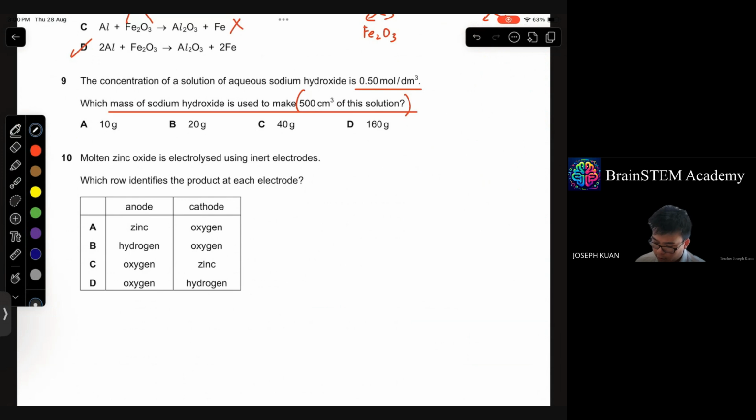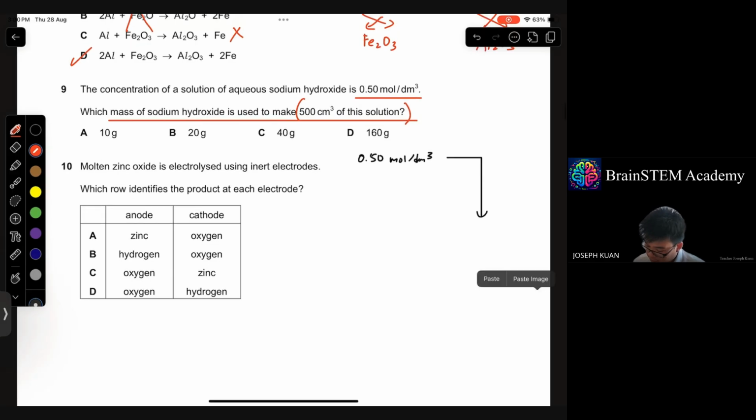Now, in general, if we are given a particular value for a particular chemical, in order to convert this to a different unit, what we need, okay, they are asking us for mass here, what we need to do before we can do that is to actually convert this to moles first. We must find the number of moles of this sodium hydroxide.